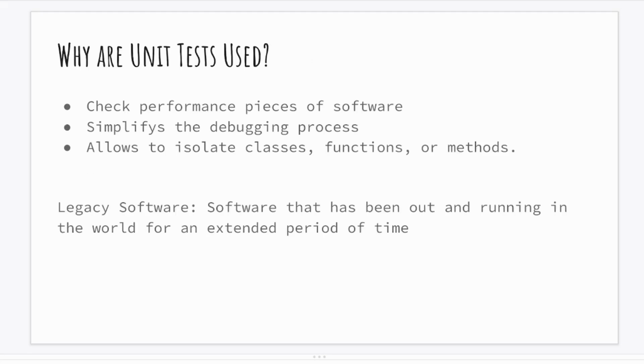I am now going to talk a little bit about why unit tests are used. Unit testing allows quality assurance engineers and developers to check the performance of pieces of the software immediately after it is written. This could save valuable time and money.